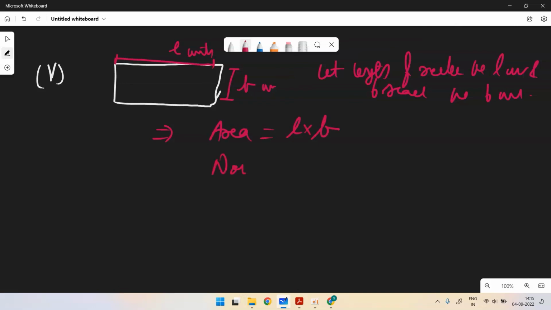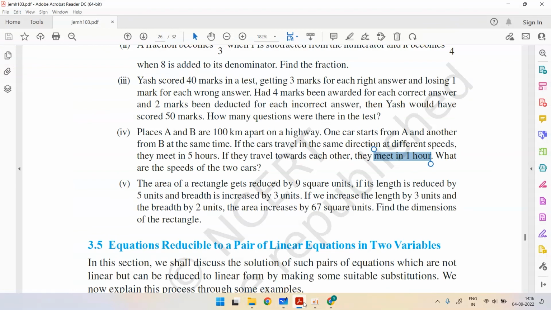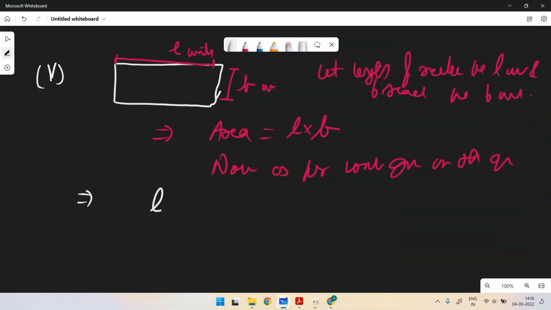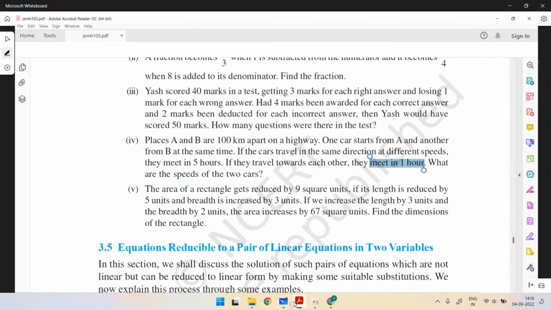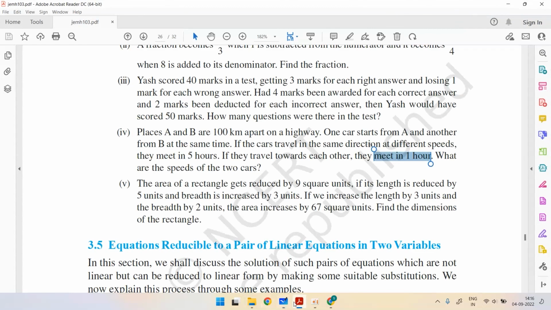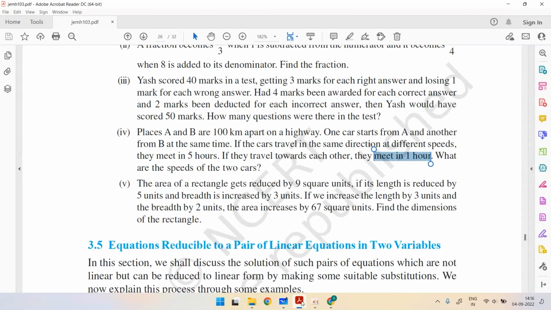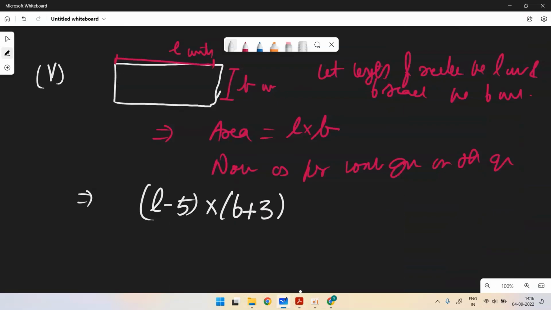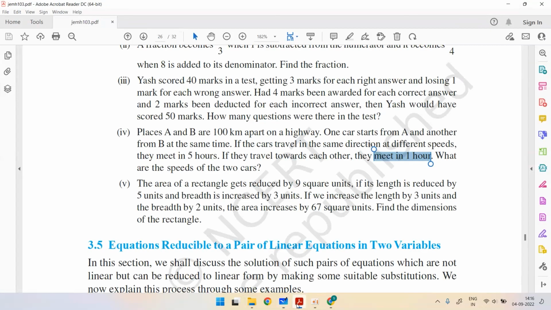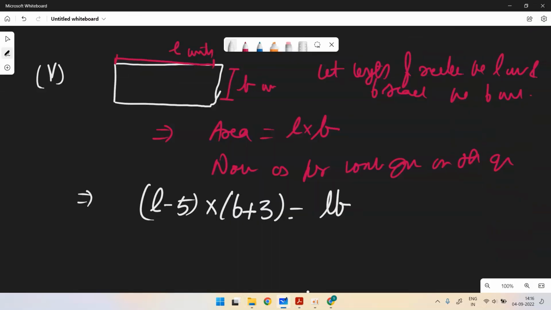Now, as per the conditions given in the question, the length is reduced by 5 and the breadth is increased by 3 units, so the area will be reduced by 9 square units.